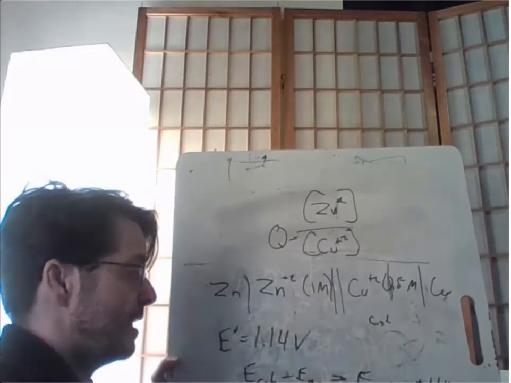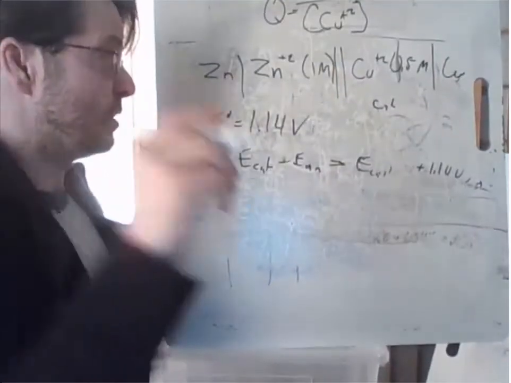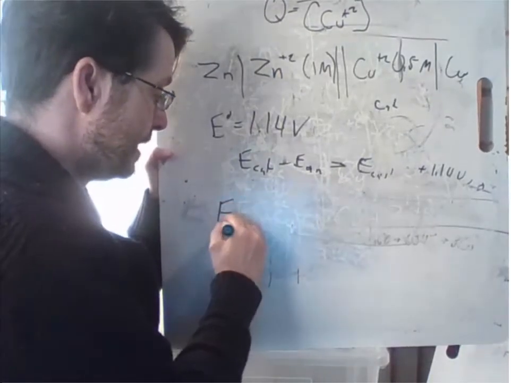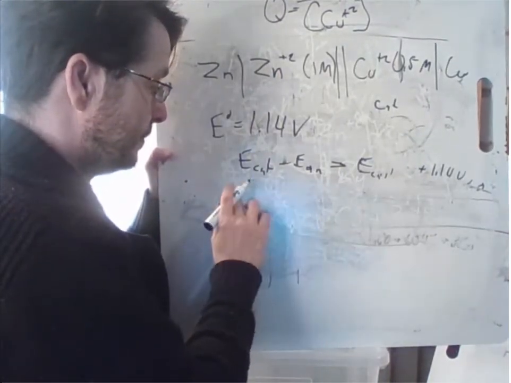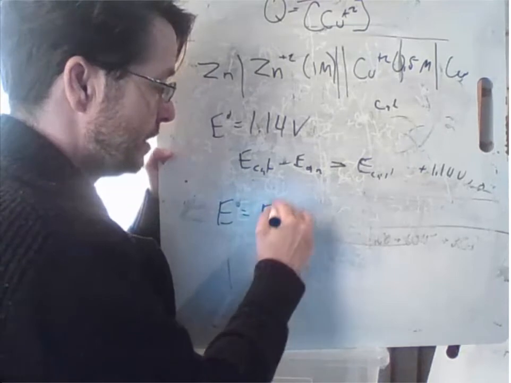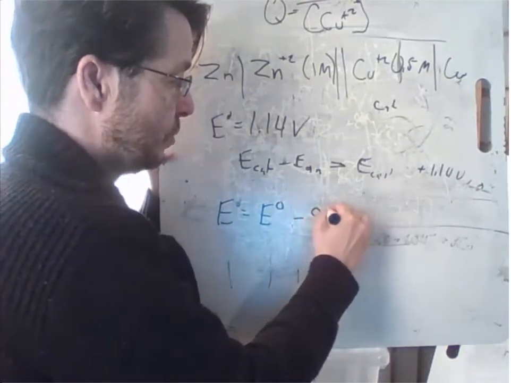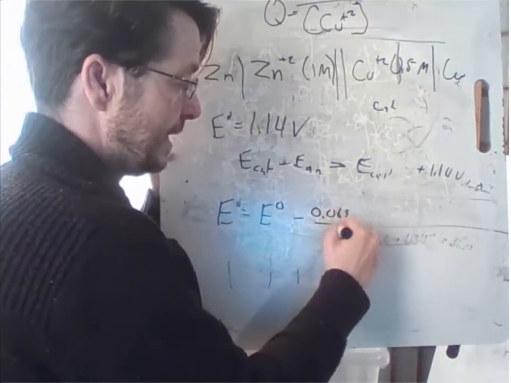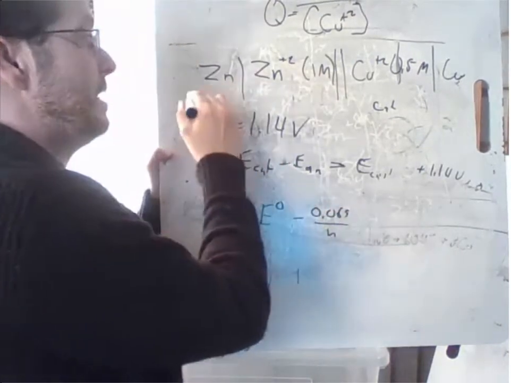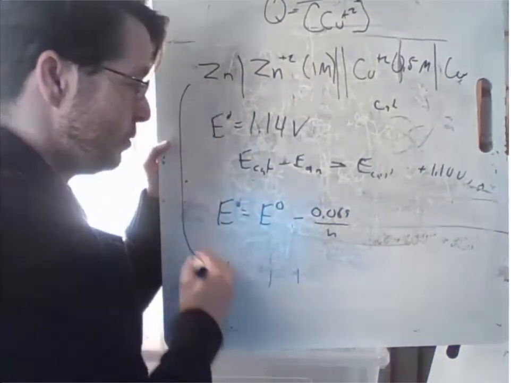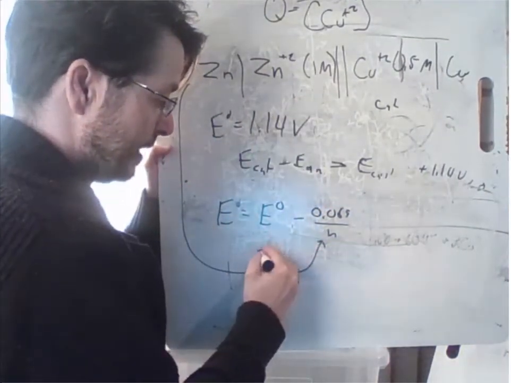So that's under standard state conditions. But now we're dealing with non-standard state conditions, and so we can use the Nernst equation. E is equal to E naught minus 0.059 over n. In this case, n is equal to 2.